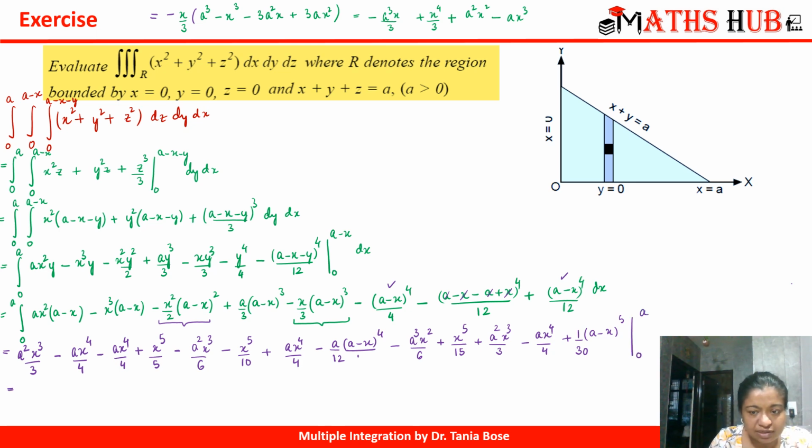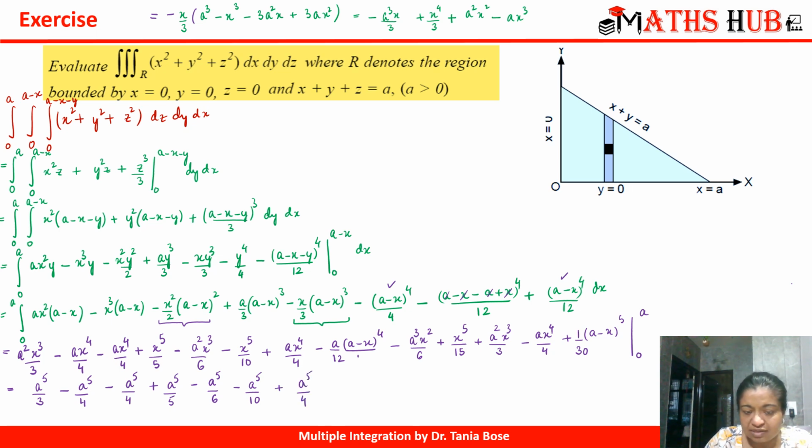When I put the limits as 0 to a, we get a to the power 5 divided by 3 minus a to the power 5 divided by 4 minus a to the power 5 divided by 4 plus a to the power 5 divided by 5 minus a to the power 5 divided by 6 minus a to the power 5 divided by 10 plus a to the power 5 divided by 4.